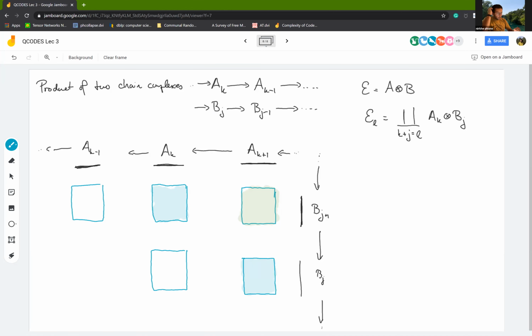The level is defined as the union of all of these guys. So this product goes on, it's everything in this diagonal row. And similarly, these guys here, this one, and the one that would be down here are together in one level. So does that make sense?